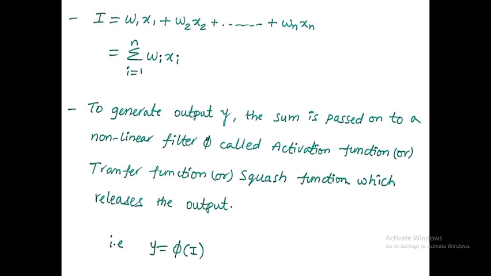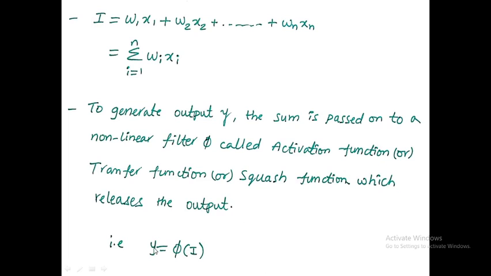So which gives the required output, the overall output. The corresponding overall output of the ANN is nothing but y is equal to the corresponding non-linear function, if you are calling it phi of I, which is nothing but the weighted sum.